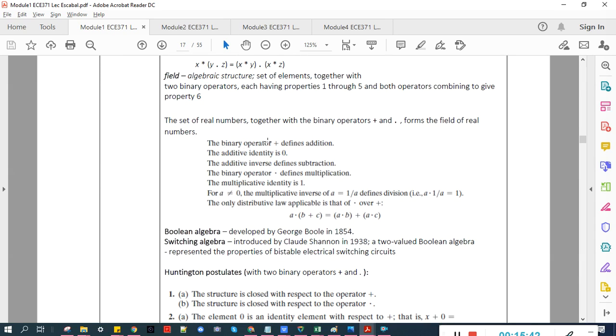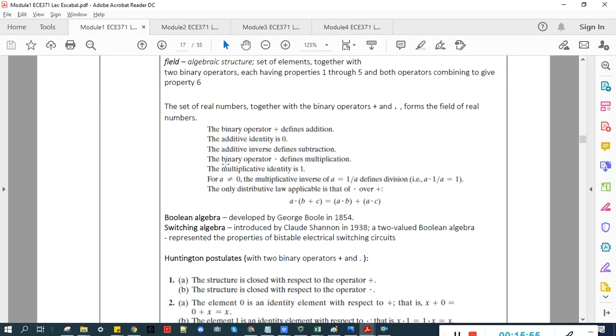The binary operator, the plus symbol, defines addition. The additive identity is 0. The additive inverse defines subtraction. The binary operator AND defines multiplication. The multiplicative identity is 1.